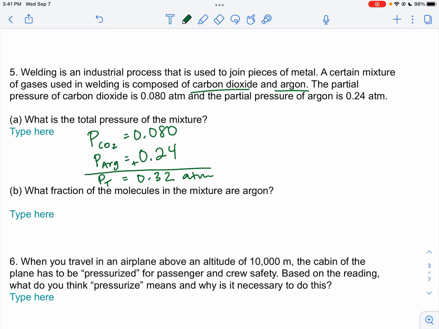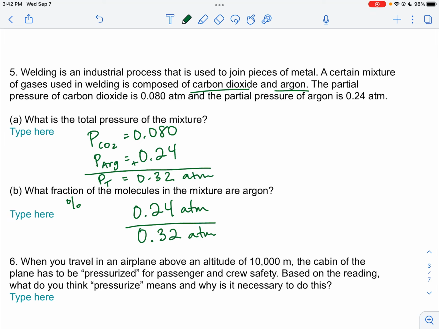And then part B wants to know what fraction, or what percent, however you want to think about it, in the mixture is argon. So if I know that argon has a pressure of 0.24, what part of my total is that? This would be just like, let's say you had a test with 20 questions and you got 10 questions right.